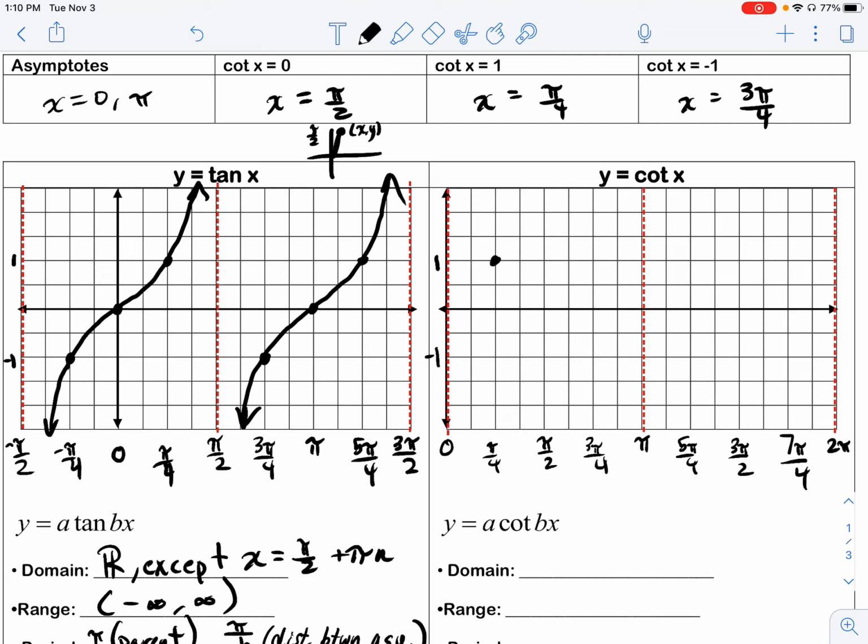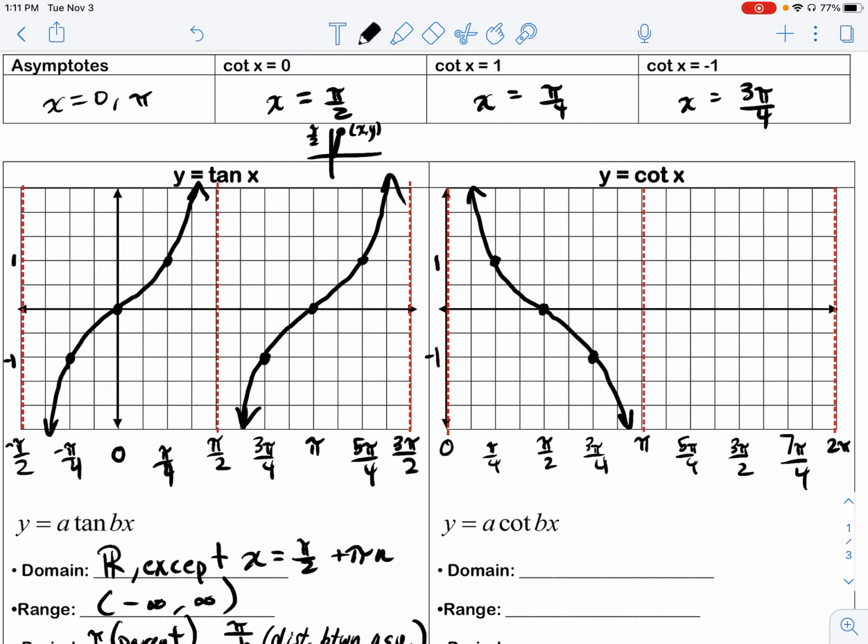We're going to have our high, our mid, and our low at 3 pi over 4. Again, these are not maxes and mins, but just markers for us to accurately graph a cotangent graph. And it's going to look something like this. Okay. So for cotangent, we're going to go asymptote, high, mid, low, asymptote.